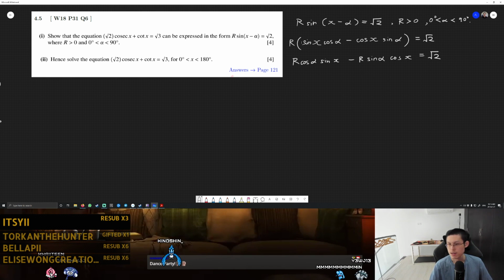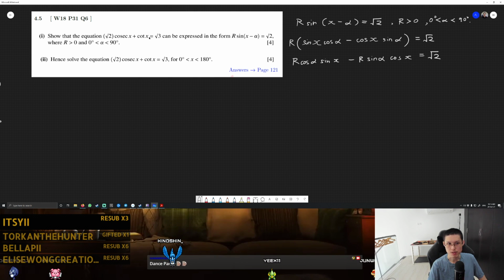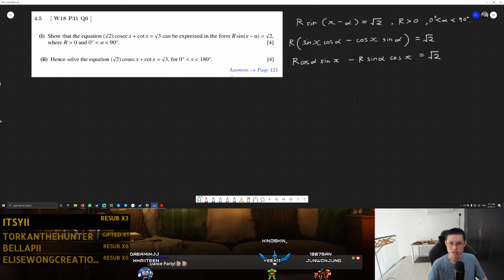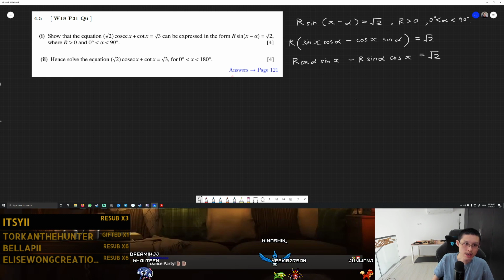Okay, so you can see that we now have something that looks like this. You have a sine x and a cos x. But if you look at the original expression they've given us, it doesn't look anything like this. So what we have to do is make this look like this, and equate it to root 2 before we can continue and compare the coefficients. So let's do that.